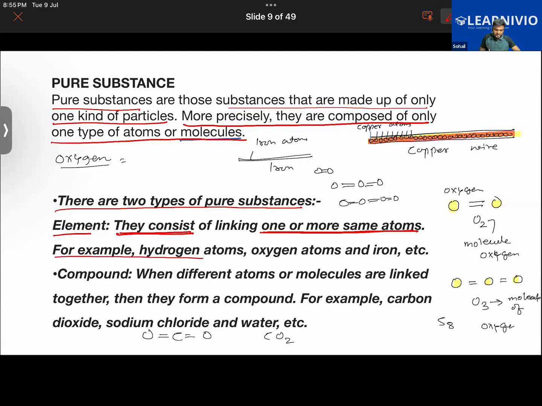Give one example, hydrogen atom. Then about the compound, write: when different atoms or molecules are linked together, they form a compound. Example you can give as carbon dioxide or water. So hope that is clear.